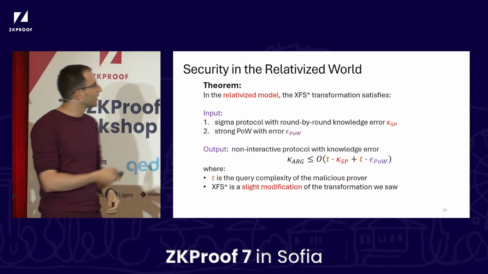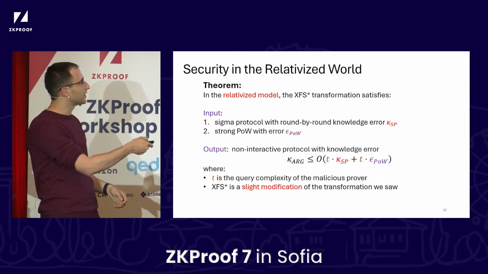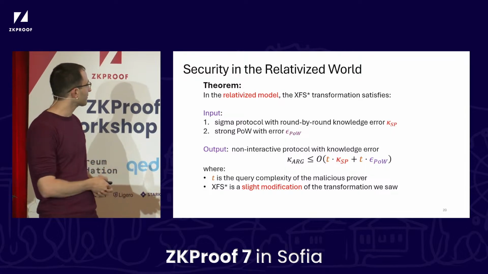So this is what you would expect from a standard Fiat-Shamir transformation, and we have this added error here.